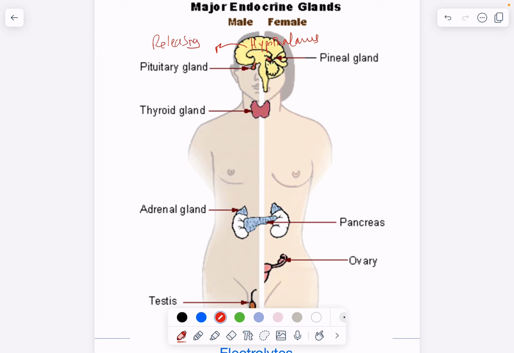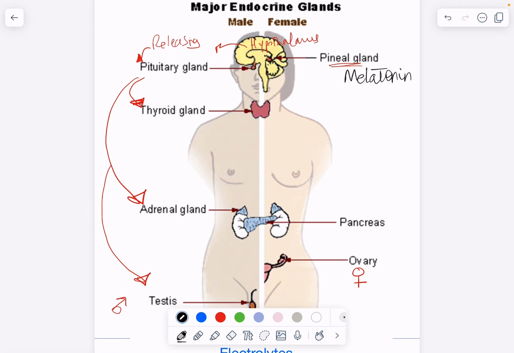These act on the pituitary gland, which releases its own hormones to affect different peripheral organs like the thyroid, the adrenal, and the reproductive organs, the gonads, whether testis in males or ovary in females. Alright guys, the pineal gland acts separately to release melatonin as part of the circadian rhythm to initiate sleep during the dark.